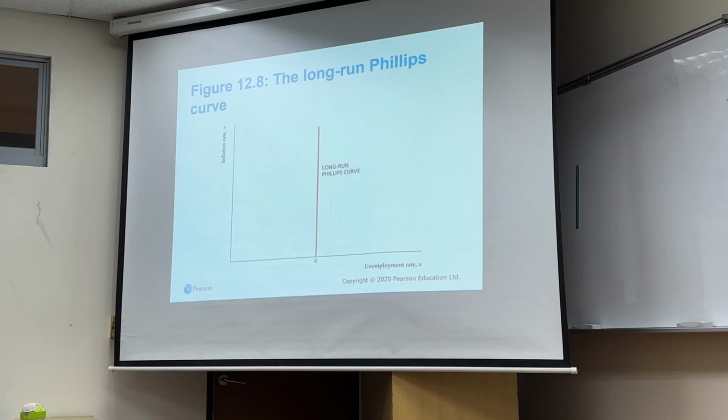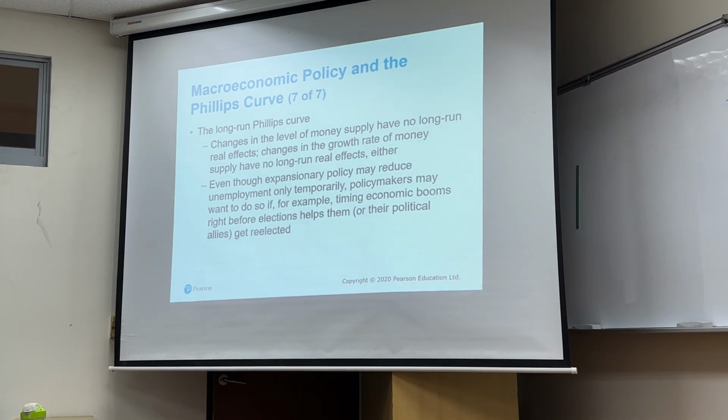But the textbook does not show you the other aspect. As I say, there are actually three types of Phillips curve. The first one, negative relationship, and then the second one, no relationship, and the third one is positive relationship between unemployment and inflation. Okay, so the long run Phillips curve says that changes in the level of money supply have no long run real effects.